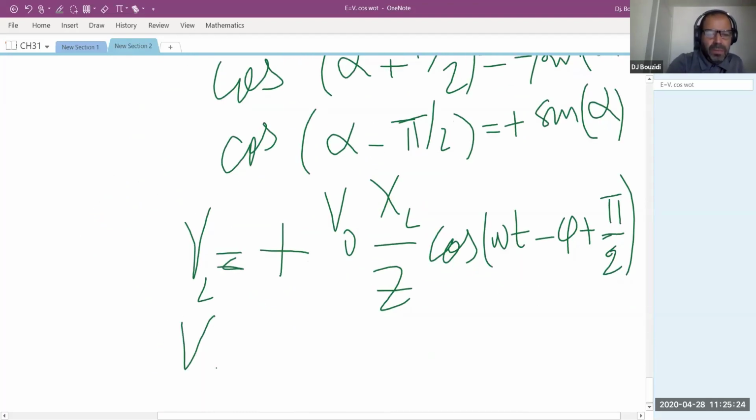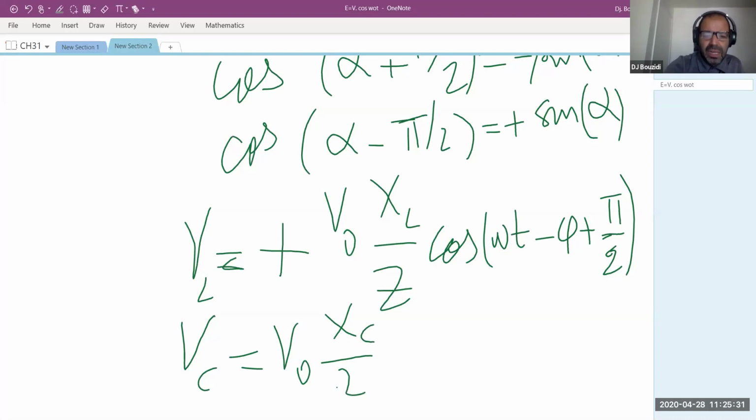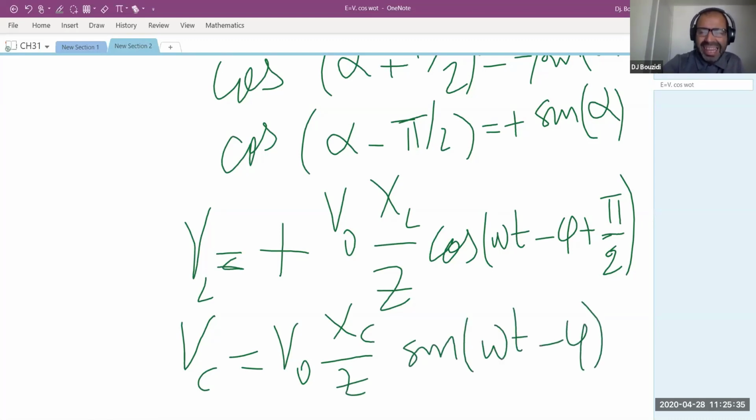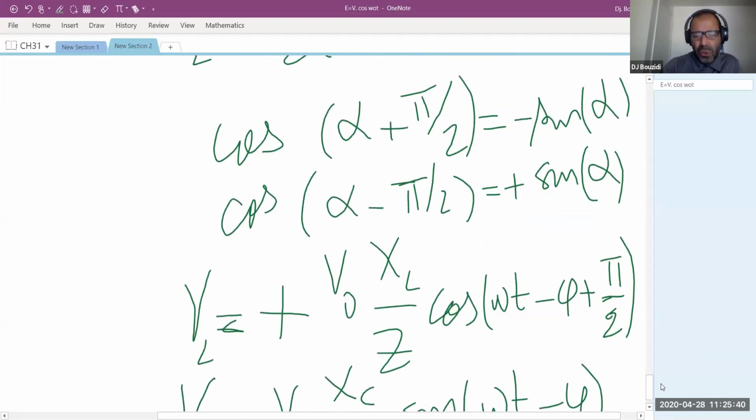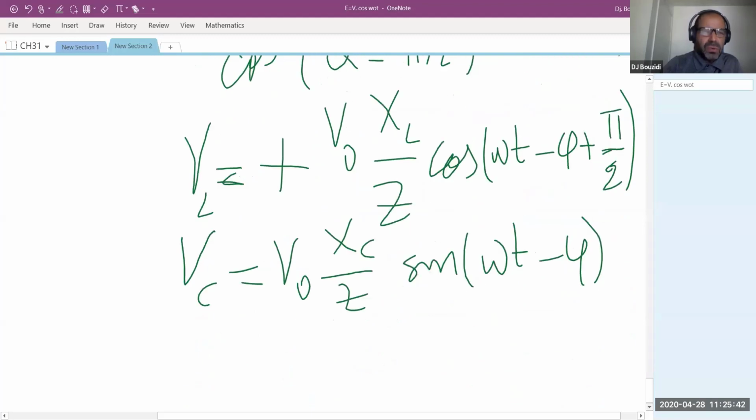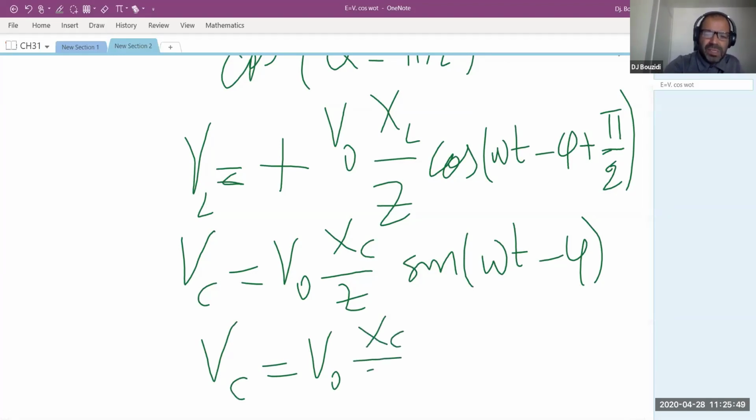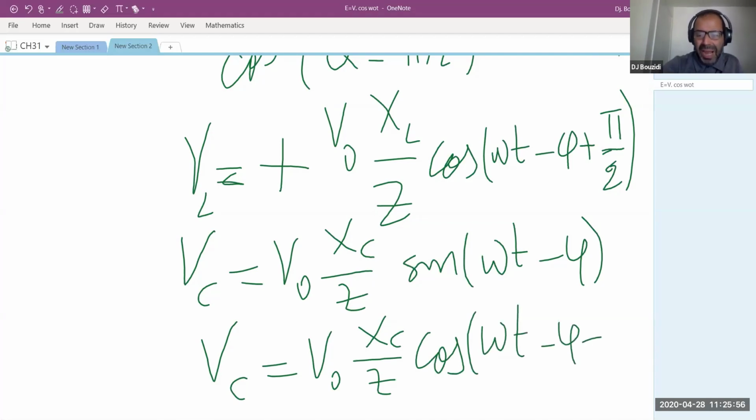So VC now will have V naught 1 over omega C, that's actually XC, divided by Z times the sine of omega t minus phi. And this is the second one. It's cos of this whole thing minus pi over 2. So VC, I can write it again as V naught times XC over Z times the cos now of omega t minus phi minus pi over 2.